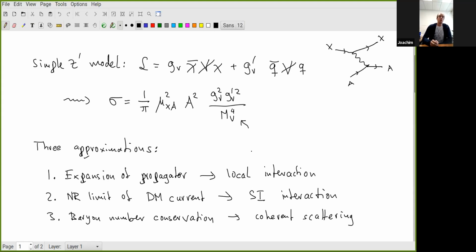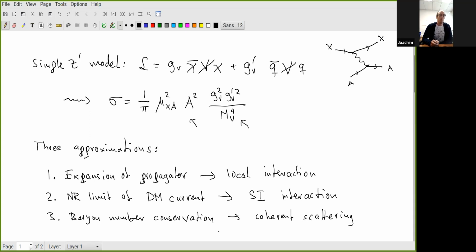One consequence of this, together with our third approximation, was that the dark matter is scattering coherently on all the nucleons in the nucleus. That was the third point. We are scattering on a complicated non-perturbative bound state object that consists of quarks and gluons in a complicated way. But at these low energies, we don't resolve all this.